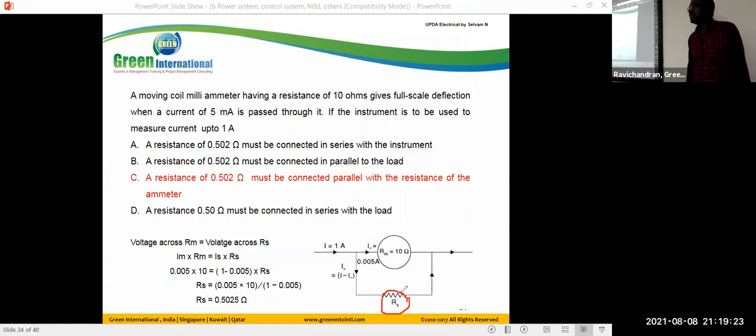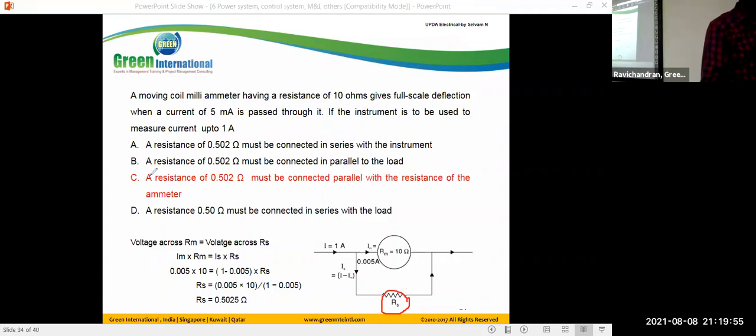But this unknown resistance is connected in parallel with the meter, not connected in the series circuit. If we connect it in series, what will happen? Can we measure the 1 amp? In the series circuit, the current is the same, so we are not able to measure the 1 amp. So to measure the 1 amp, we need to introduce one resistance connected in parallel with the milliammeter.